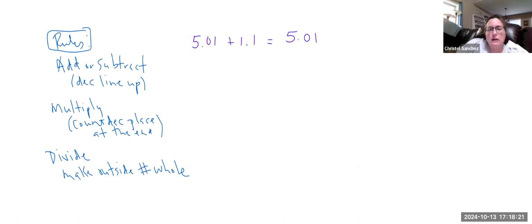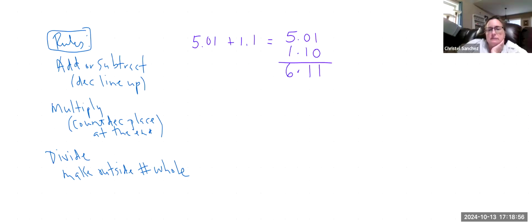So this 1.1 has to go right here because my decimals have to line up. Then I'm going to add. Now, if you want, you can put a 0 there as a placeholder, if that works better for you. Okay, so 1 plus 0 is 1. 0 plus 1 is 1. 5 plus 1 is 6. So our answer would be 6.11. Any questions?